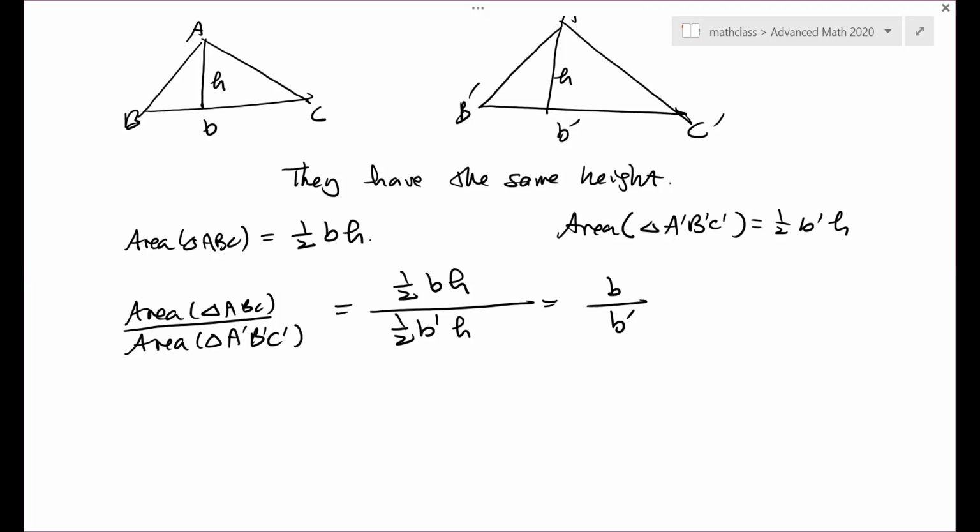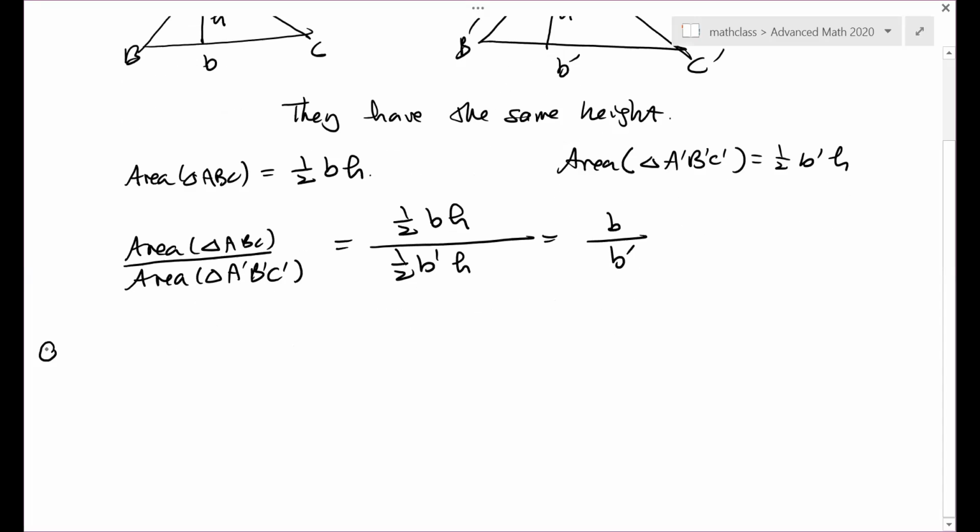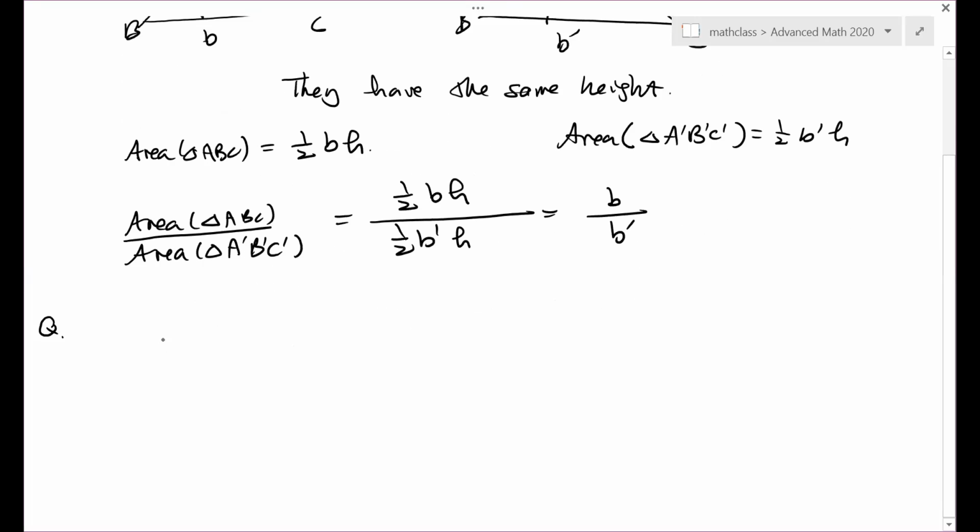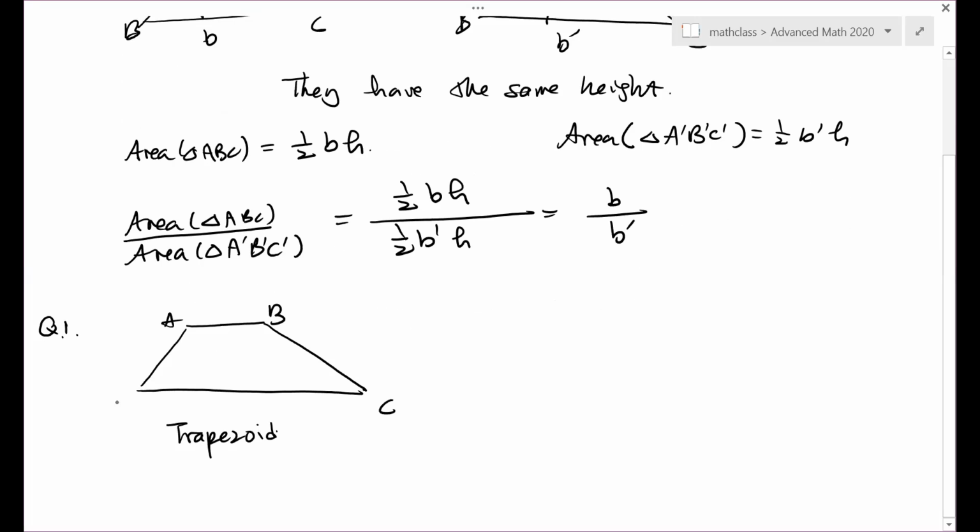Using this formula, we can solve several problems. One is this one. This is a trapezoid, with vertices A, B, C, D. I know AB equals 3, DC equals 6, for example.